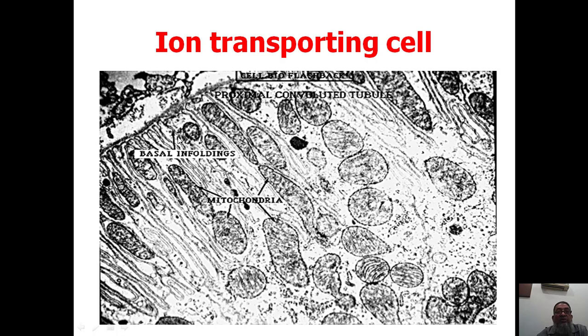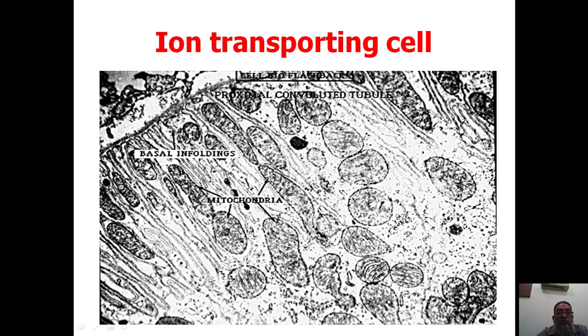This basal infolding is to increase the surface area. So you see there are a lot of mitochondria present within the wedges of these basal infoldings. Mitochondria are numerously present inside them because there is utility here and also the site location is right, because there is always a constant turnover of various solvents and solutes, the micronutrients, and also the ions, transported from the basal side.